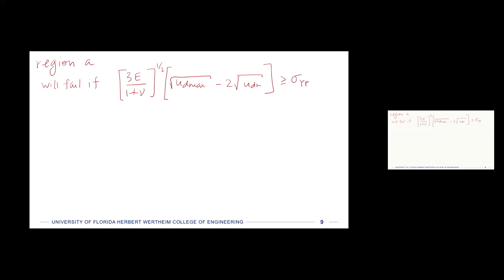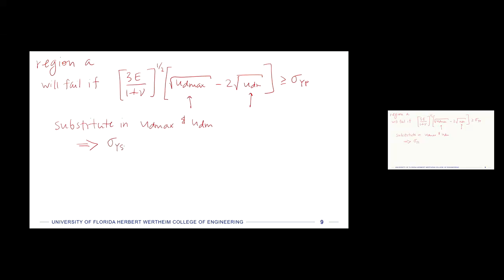And so we plug in now our expressions for ud max and ud mean, okay? And then we come out with a long expression. I'm not going to write that expression here, but if we simplify that, so substitute in ud max and ud mean, it cancels everything out.